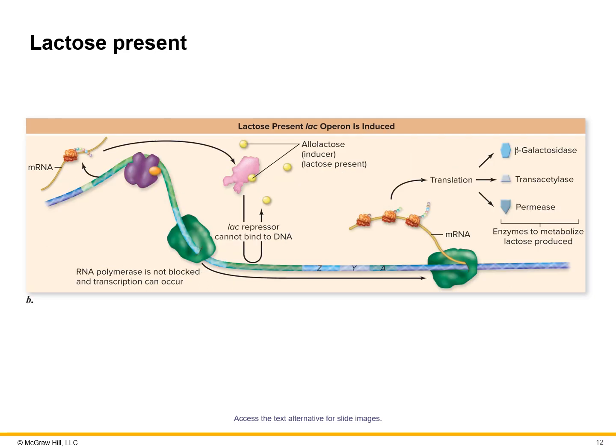However, when lactose shows up in the environment, it binds to this repressor protein, which opens up the operator, and RNA polymerase can attach to that operator and transcribe genes Z, Y, and A.